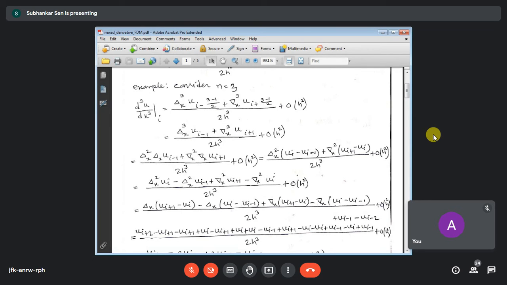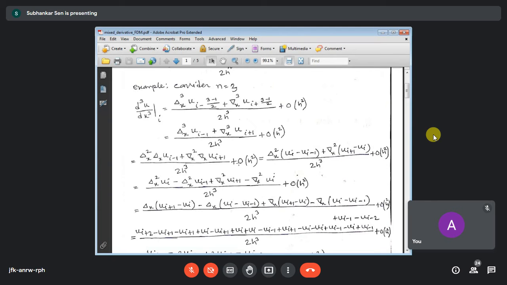This is the forward difference operation, and this is the backward difference operator. Because of that, in the forward difference operator, this is del x square. So this will be u(i-1+1). Okay, u(i-1+1) means this is u(i), whatever it is there. So u(i-1). This is the forward difference formula, this part. And similarly, this part comes as this bracketed term.